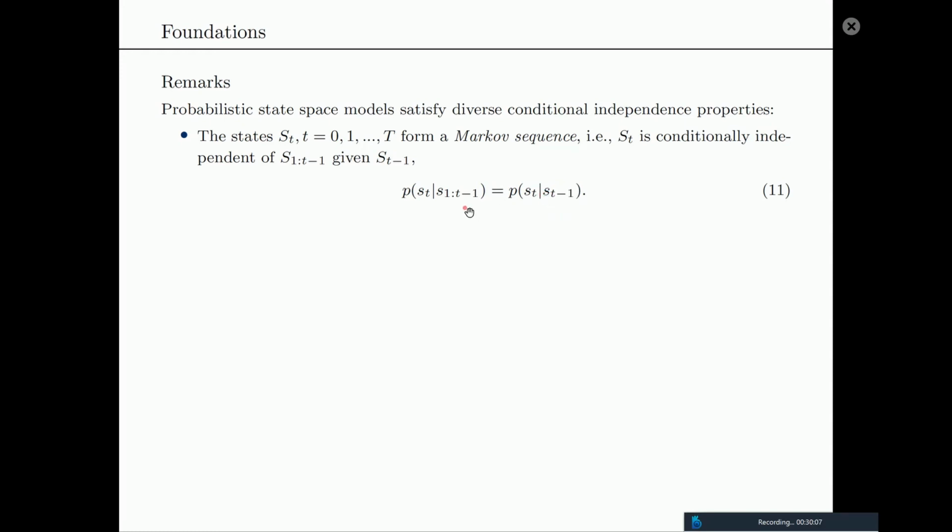But here it's emphasized again that this is a definition and not the natural decomposition, and this is called the Markov property, so that the state at time t is only dependent on the state at t minus 1 and not earlier states. That is inherent in the definition of a state space model, but it's emphasized here again.